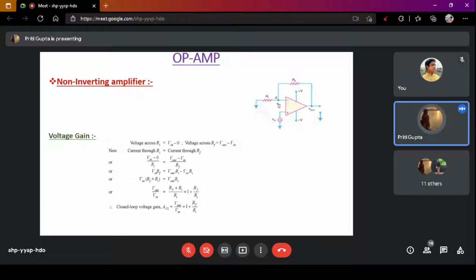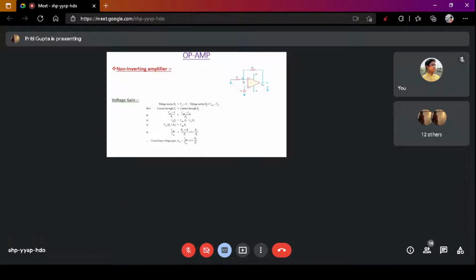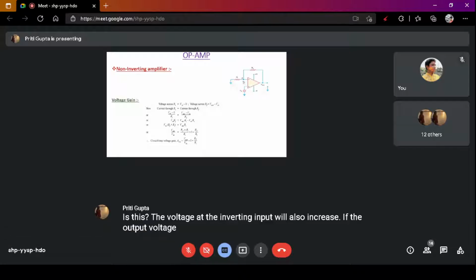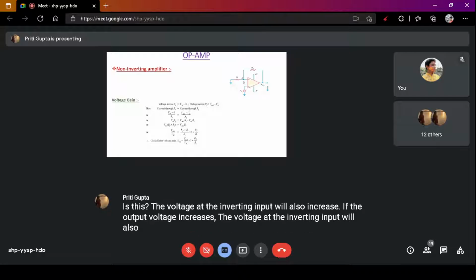First point, write down, you can give a bullet form. If the output voltage increases, the voltage at the inverting input will also increase, because there is a feedback path.